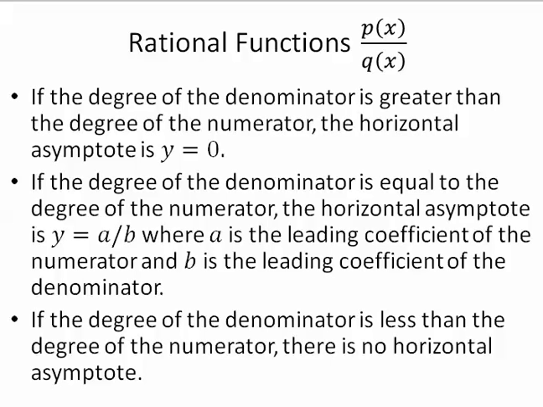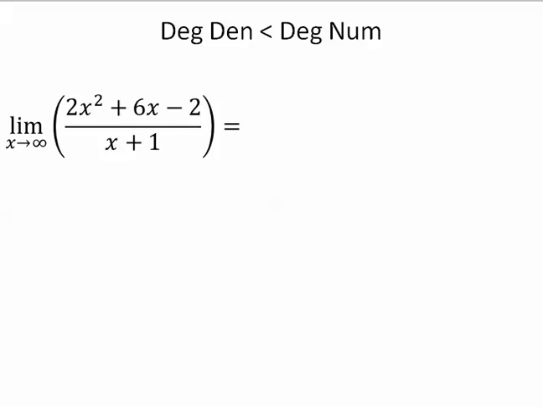If the degree of the denominator is less than the degree of the numerator, then there is no horizontal asymptote. Let's look at this one. We have a quadratic in the numerator and a linear expression in the denominator. So this is what I call top heavy.